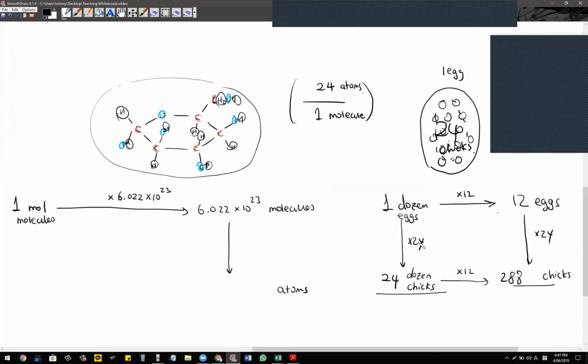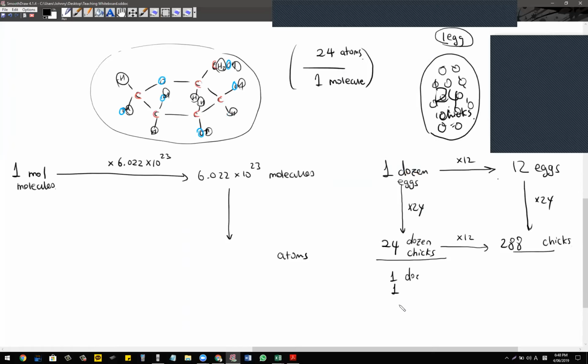So by multiplying by 24, we got out of the egg. So once we got out of the eggs, there are now chicks. And how many chicks are there? 24 dozen chicks. And how do you convert that into number of chicks? You times it by 12, because 1 dozen chick, so we have 1 dozen, another 1 dozen, another 1 dozen.